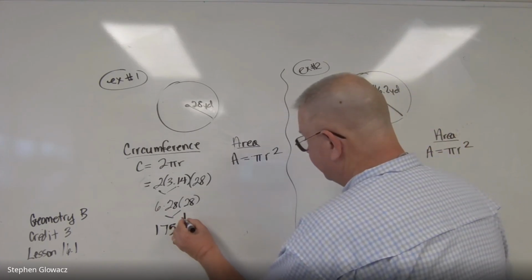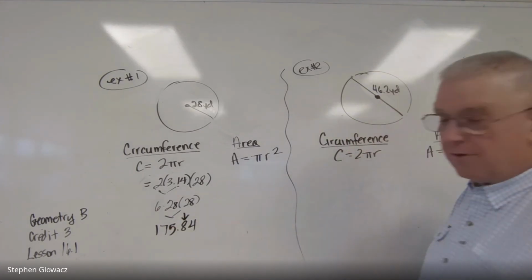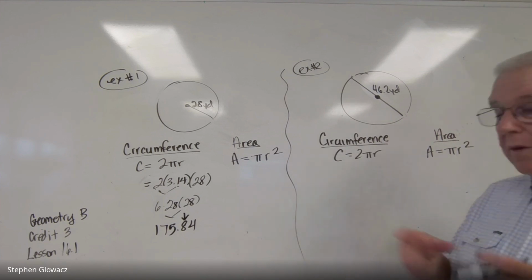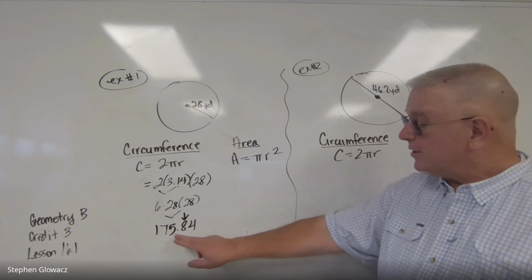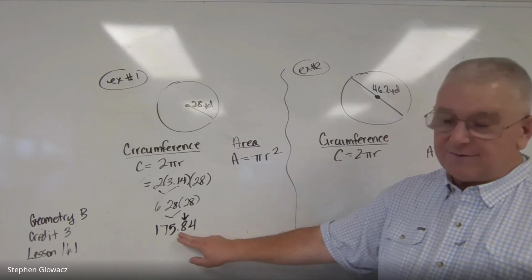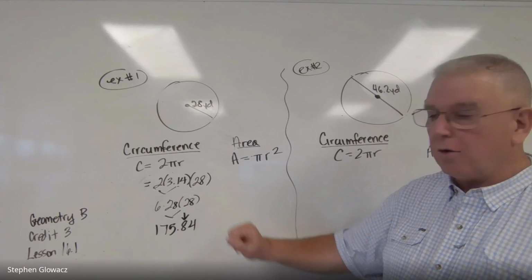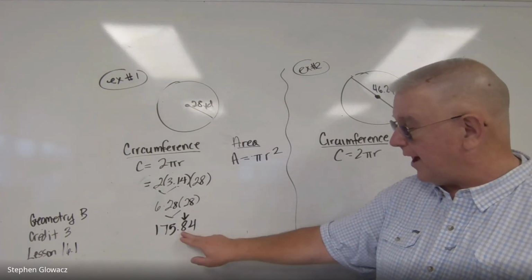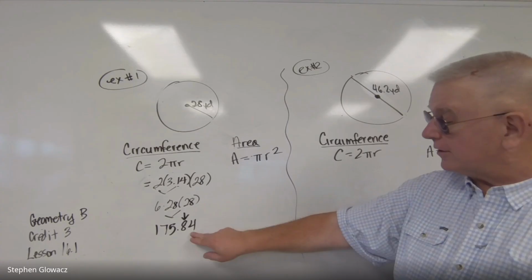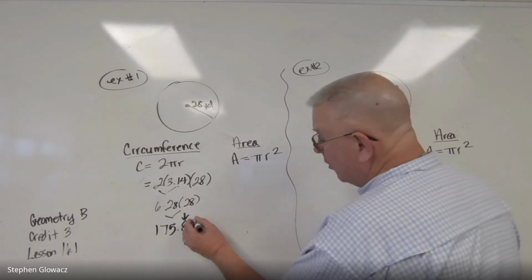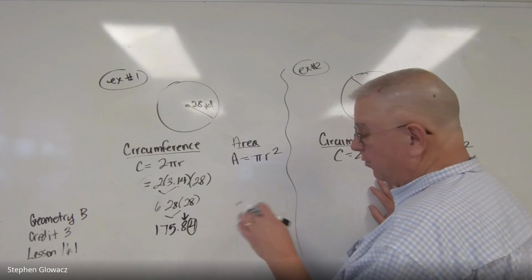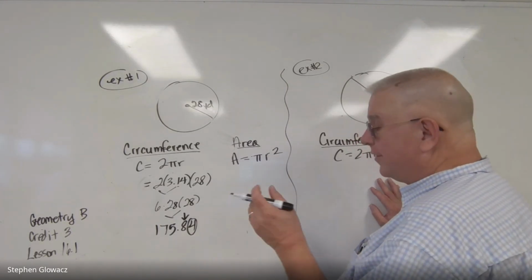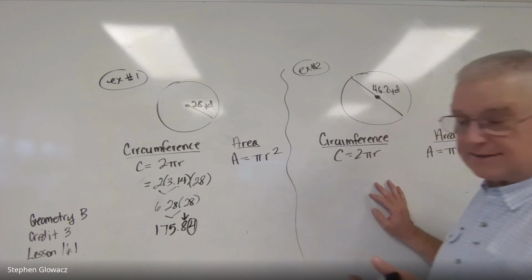Now, remember, we were told to round to the nearest tenth. That is the first decimal place. Let's back up a step. So this can either stay 175.8 or go up to 175.9. Well, which is it? We look to the next number. Our stay numbers are 0, 1, 2, 3, and 4. The go up numbers are 5, 6, 7, 8, and 9.